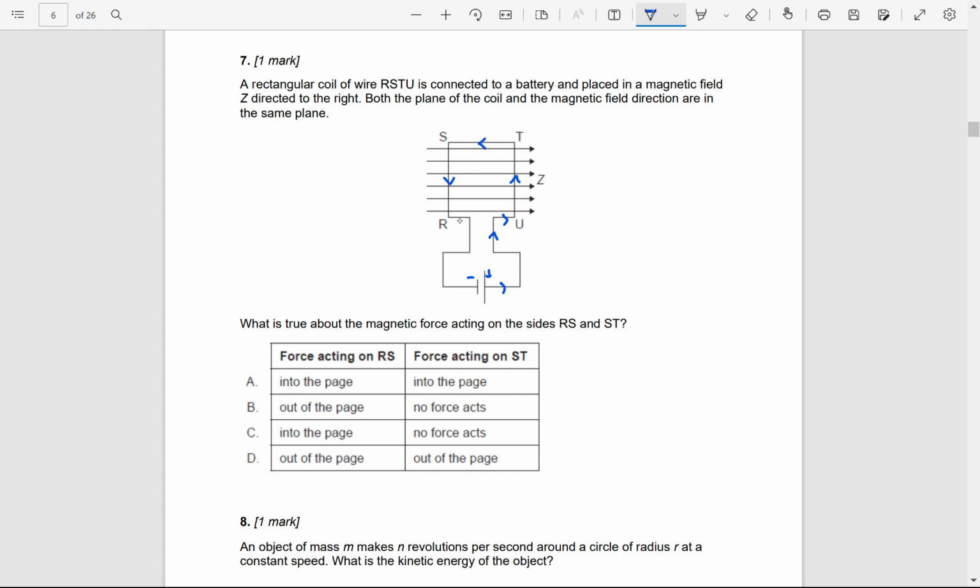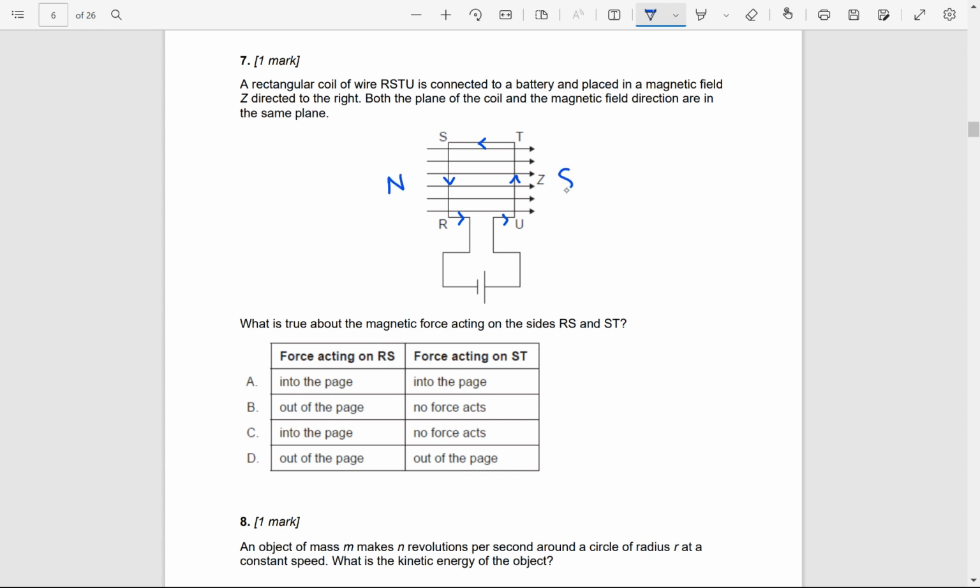I like to draw in the arrows, as long as it isn't AC, we can do that. Okay, so we've got the arrows, and now we know the direction there. I'm actually going to remove these because there's no need. I'm just going to be looking at the current in this kind of big square area.